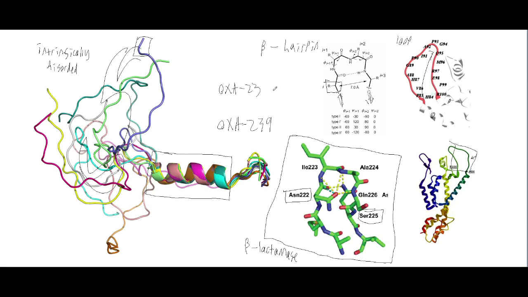So in the OXA 23, what we actually had was more of a loop structure, but then making these two mutations turn it into the nice hairpin structure rather than this slightly more disordered loop-like structure.